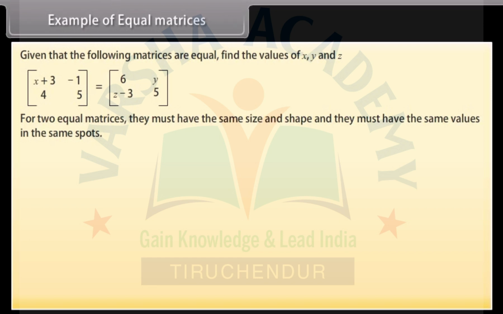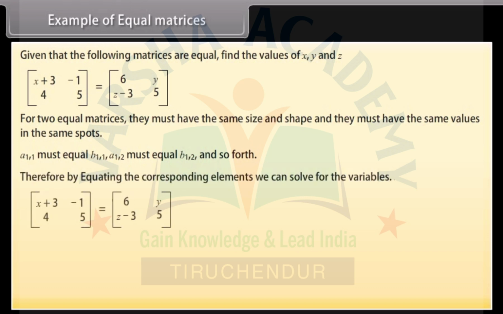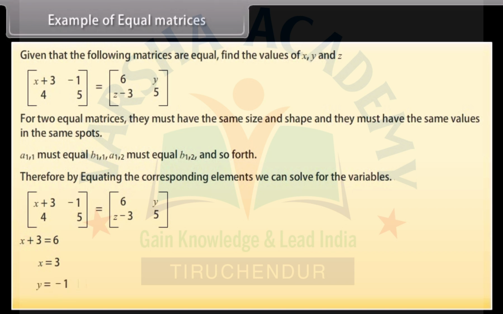Or we can say A11 must be equal to B11, A12 must be equal to B12, and so forth. Therefore, by equating the corresponding elements, we can solve for the variables. x plus 3 is equal to 6, x is equal to 3, y is equal to minus 1, z minus 3 is equal to 4, z is equal to 7.